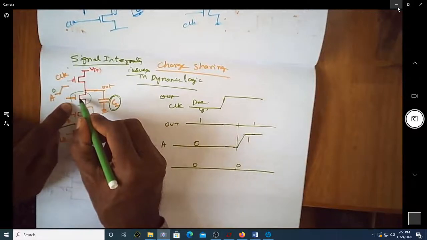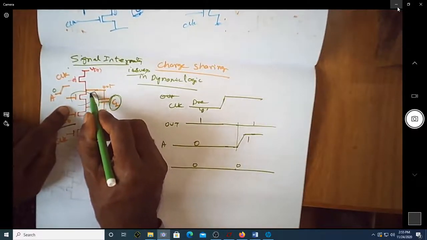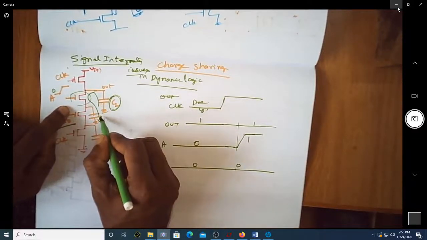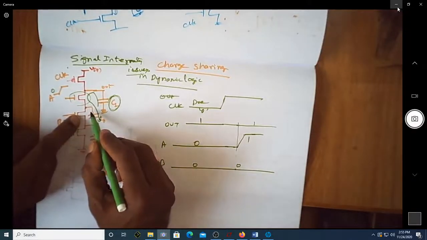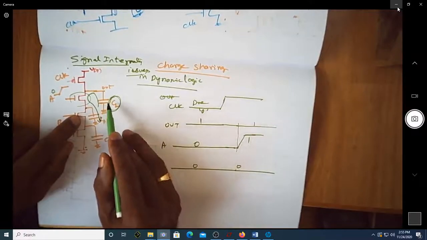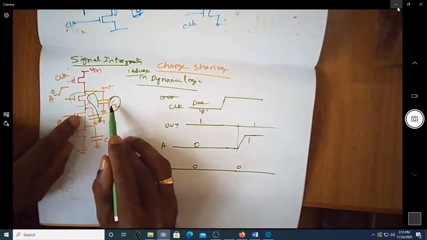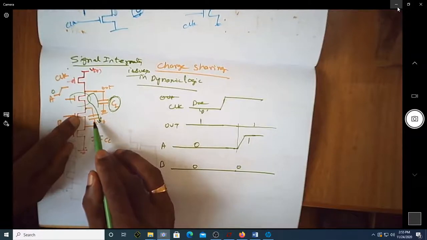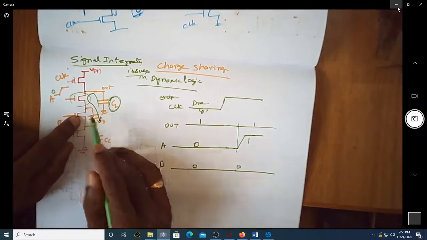now as soon as this turns on, these charges get leaked to this particular capacitor, which is again a junction capacitor here. Whatever charge was stored in CL will be shared with this CB capacitor, which is again a junction capacitor.